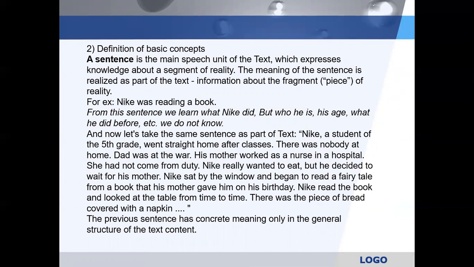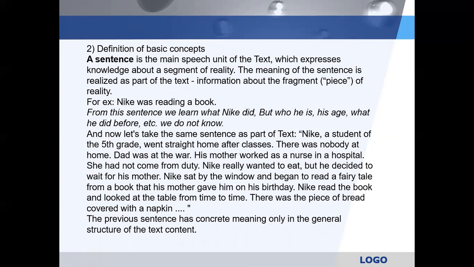The first concept is the sentence, which is the main speech unit of the text, which expresses knowledge about a segment of reality. The meaning of the sentence is realized as part of the text, as information about a fragment of reality. For example, the sentence: Mike was reading a book.